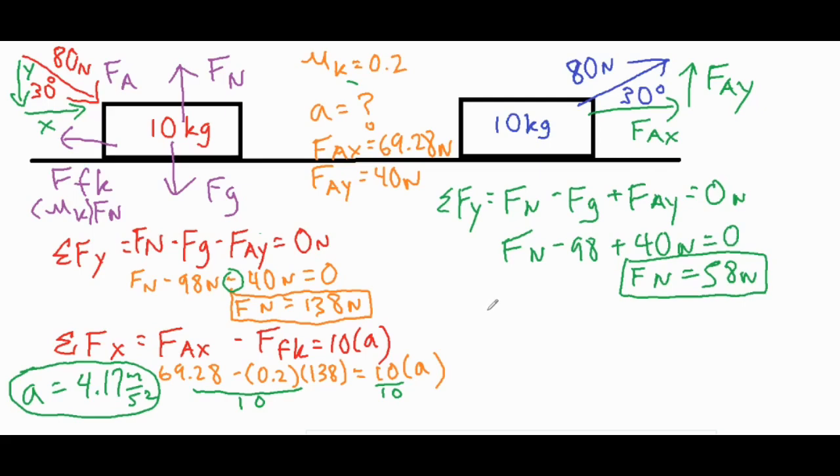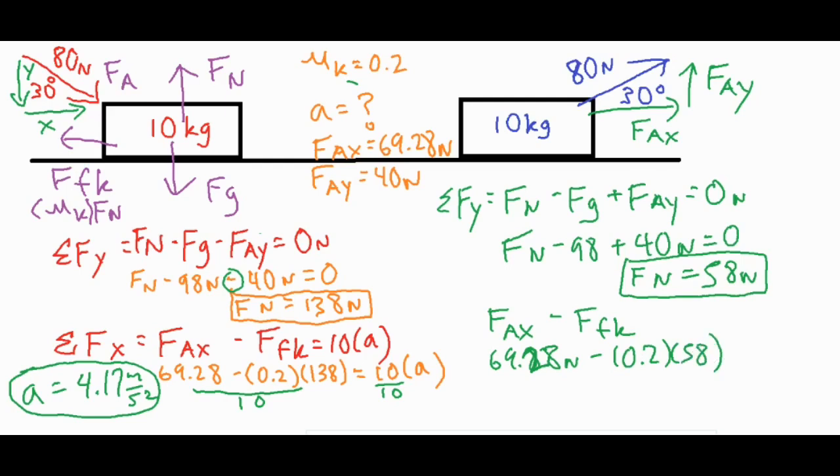We have the Fax still driving the mass and the Fk still counteracting it. So this is still going to be 69.28 newtons, and then minus mu times our new normal force of 58.